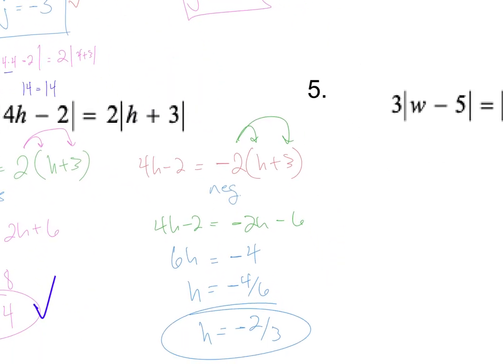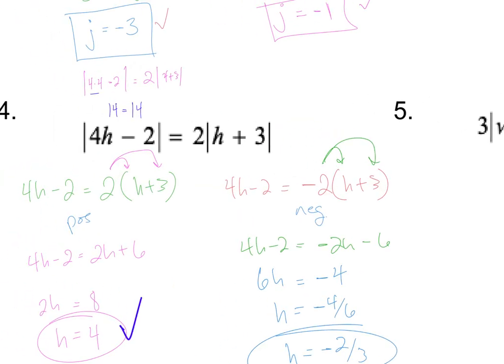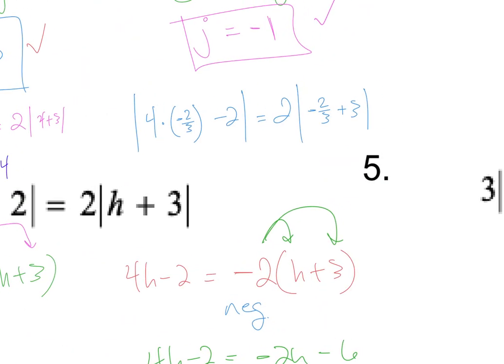Now this one, the blue one, is negative 2/3. All right, we can do it, even though it's a fraction. 4 times negative 2/3 minus 2 equals 2 times negative 2/3 plus 3. All right, maybe I'll do a little less of this in my head. I'll actually write it out. Negative 2/3 times 4 is negative 8/3, okay?